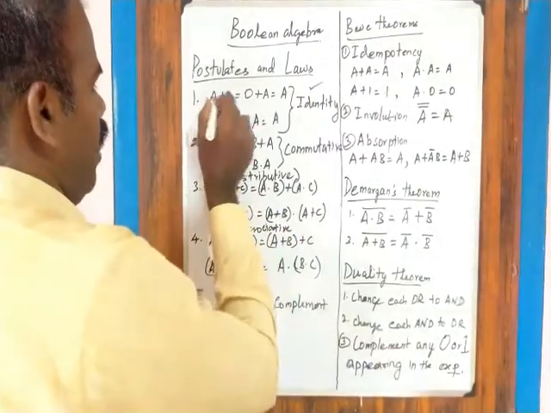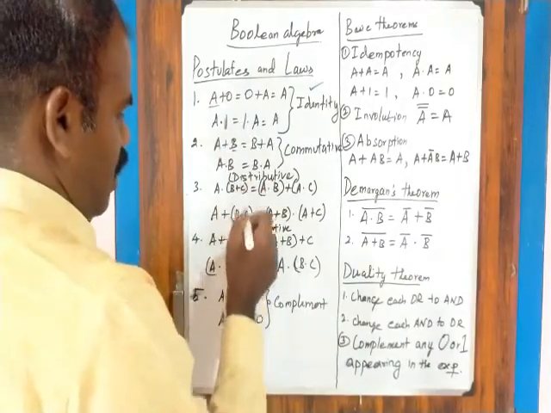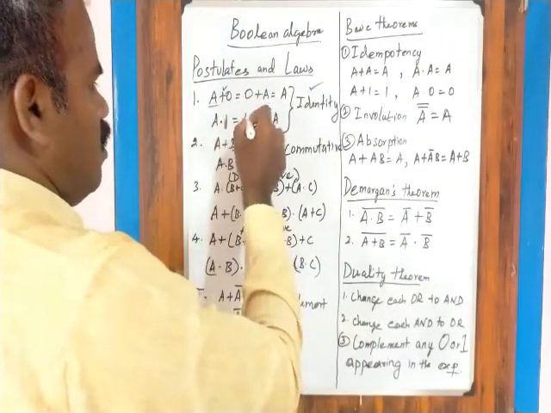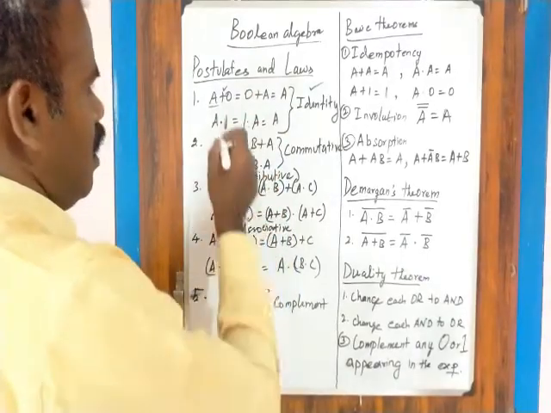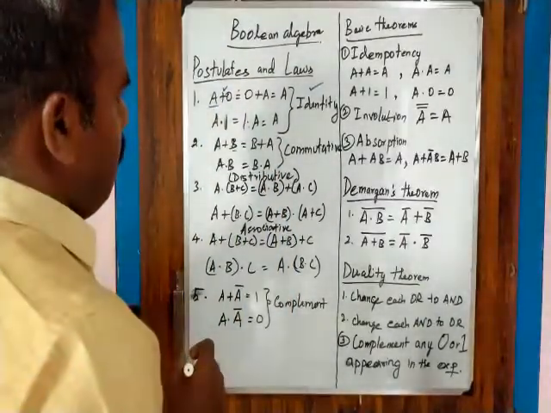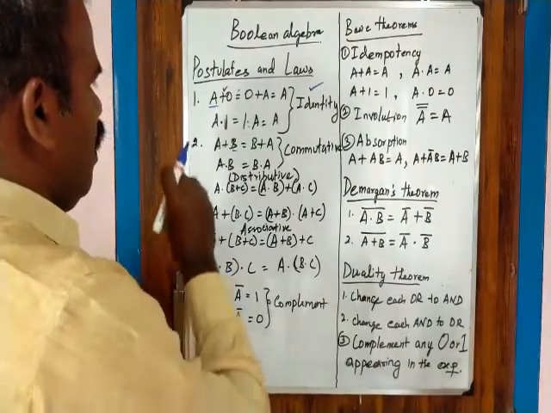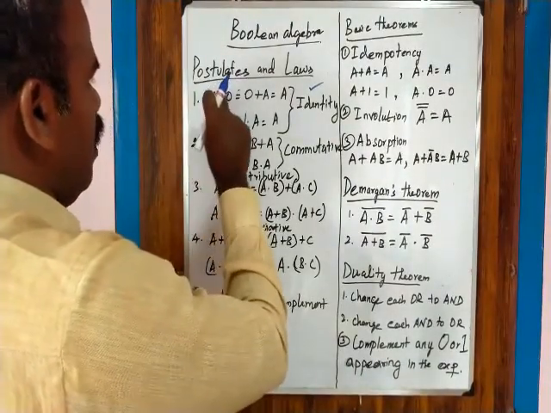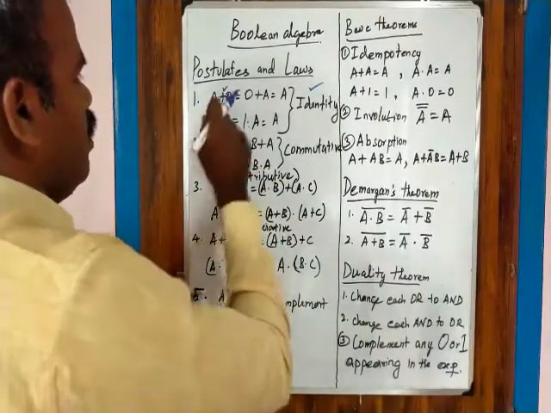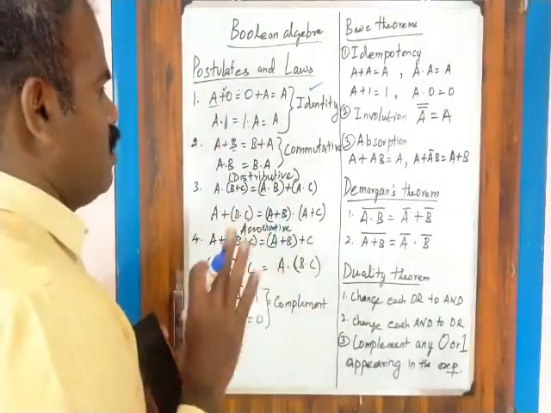Plus and dot are operators. Next, 0 and 1 are constants.